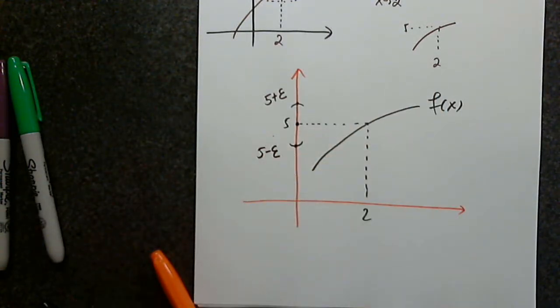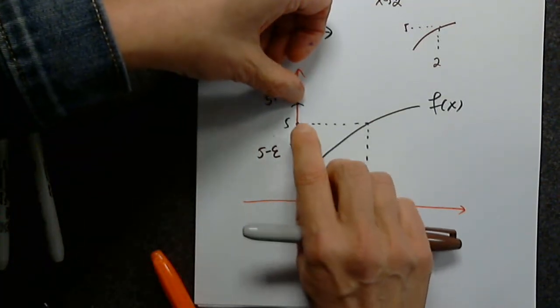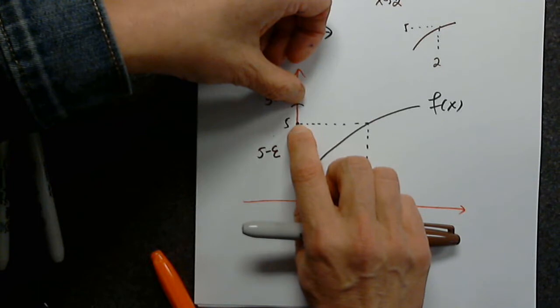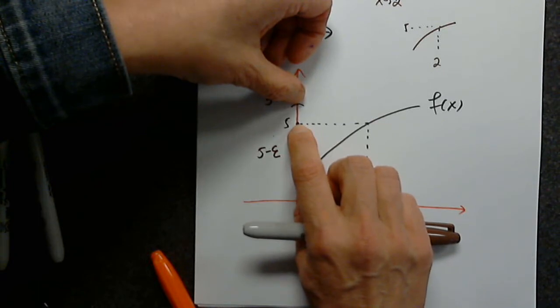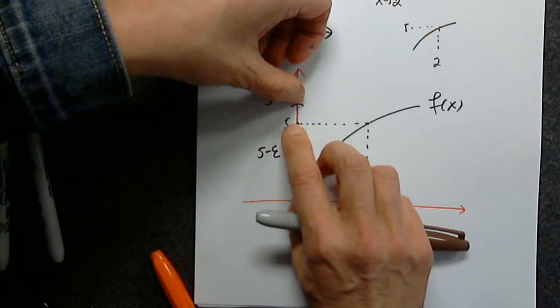Right. So I'm going to say this many times because I would like you to understand the mechanism, and then we will write the definition. So I'm saying that I can choose this epsilon to be 0.5. But then when I zoom in, it's going to be 0.2.